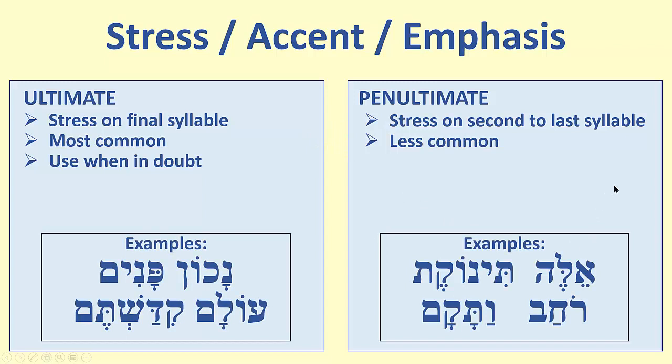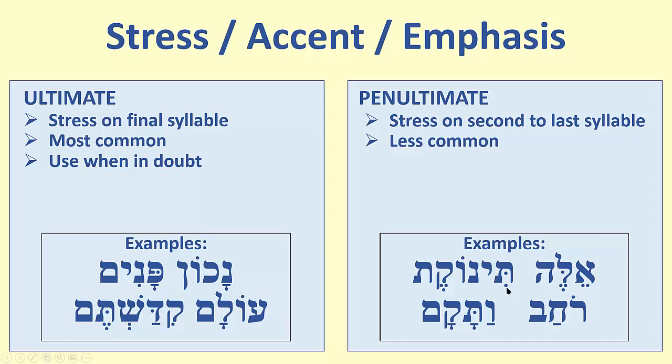Here we have some examples of ultimate and penultimate stressed words. Let me read through these. This is ele. The accent will be on that first syllable, ele, because it's the penultimate syllable, the second to last one.